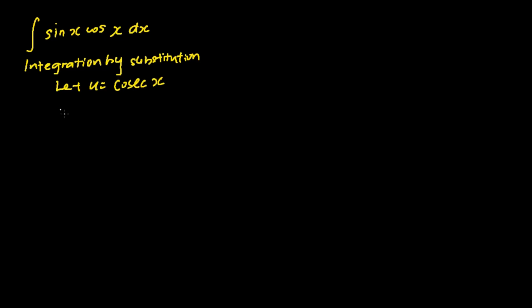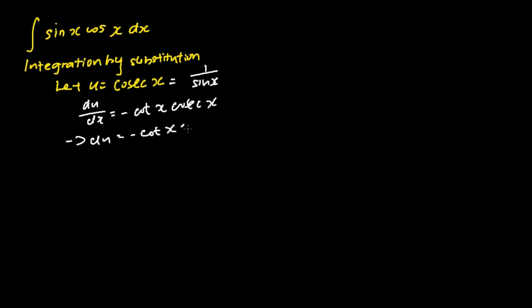We can solve the problem by using the technique integration by substitution. We let u be, in this case, cosecant x, and my cosecant x is basically just equal to 1 over sine x. We differentiate u with respect to x. Next we get the following: negative of cotangent x cosecant x, in which multiplying both sides by dx we get du is equal to the negative of cotangent x cosecant x dx.